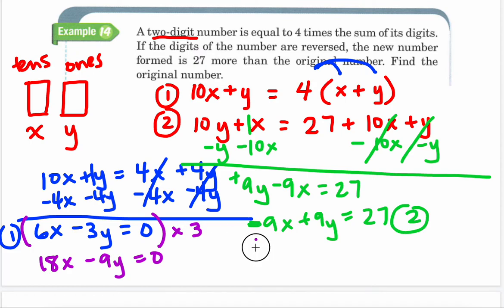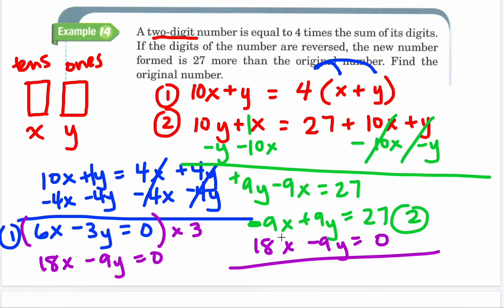Let me stack them together over here. Sorry if this is messy, I'm just running out of space. Okay, so I'm doing my elimination method right here. And then these cancel, I want that. So then 18 minus 9 is positive 9x equals, these get added together, 27, divide both sides by 9. So I get x equals 3.